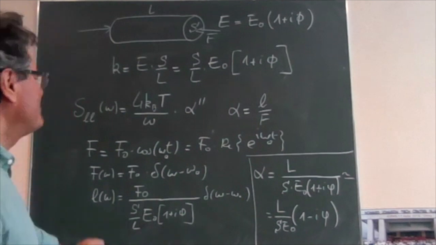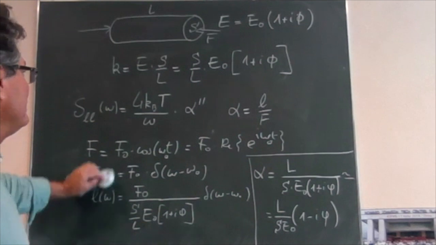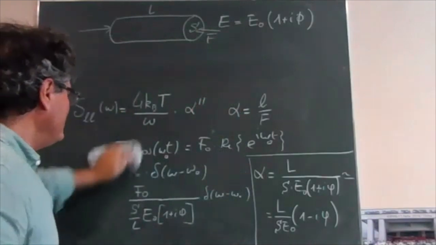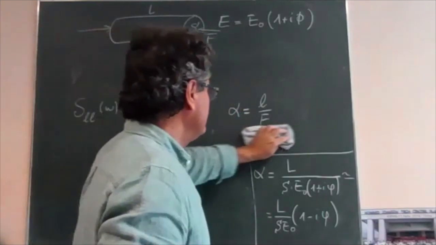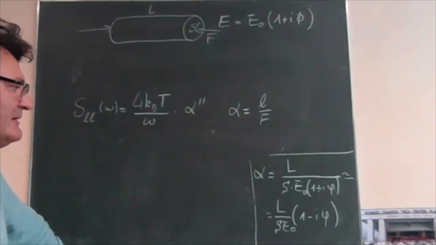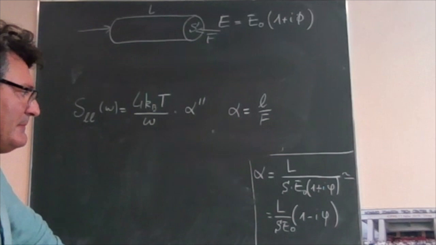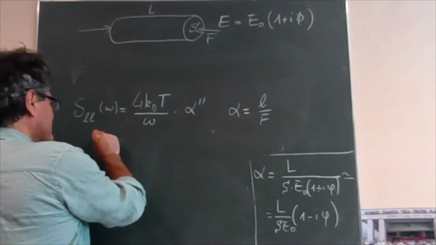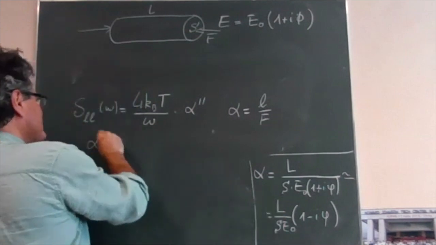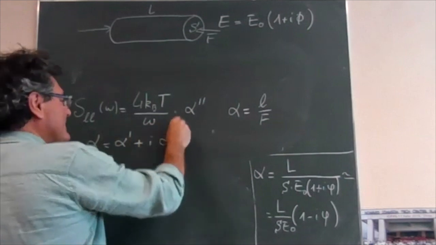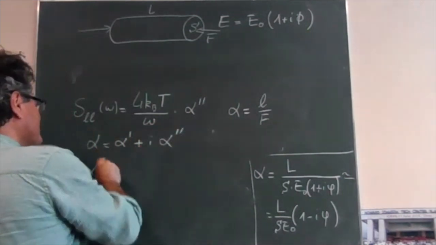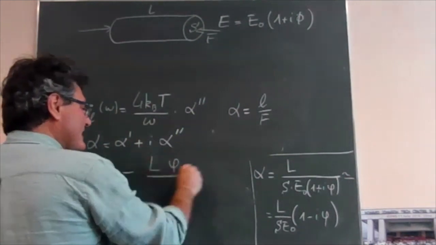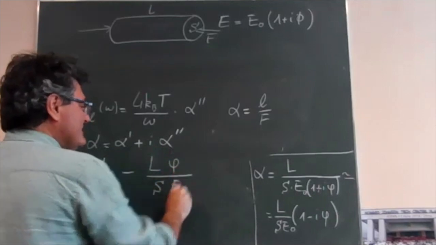So let's progress. I remove this. So is it true that alpha, so now this is alpha prime plus i alpha second, and alpha second is minus L phi divided by S E0?